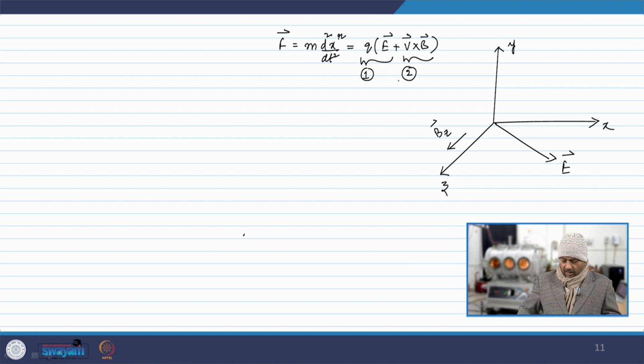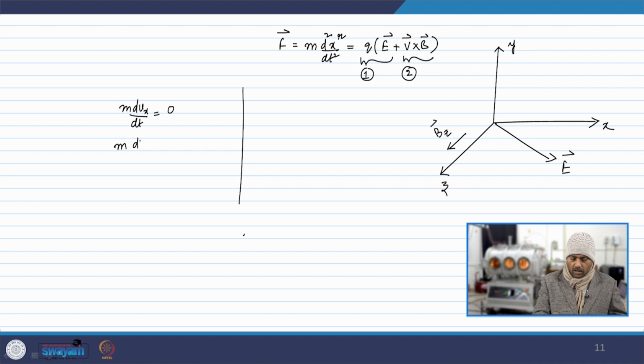So, if I recall both the sets of equations, we will write m dvx by dt is 0, m dvy by dt is again 0, and m dvz by dt is q Ez.